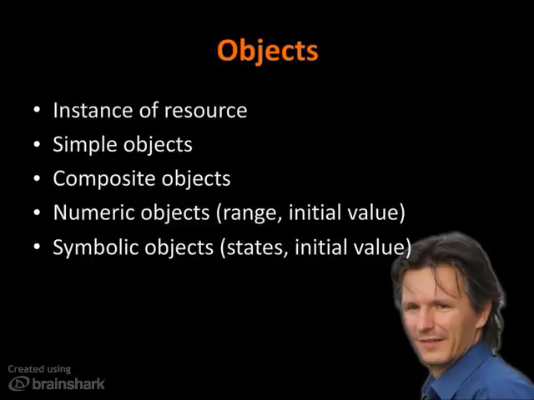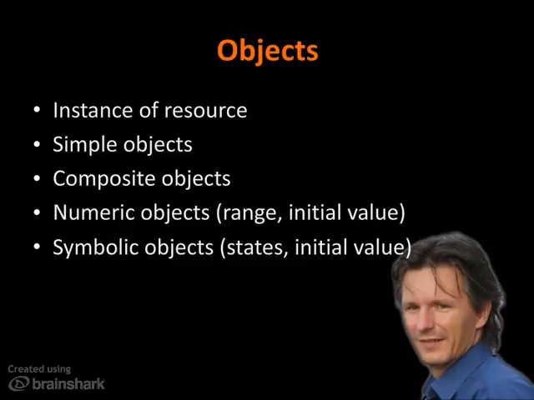Objects are like nouns, for example, characters, buildings, animals, and so on. Objects are instances of resources. They can be simple objects, specified by a single value, or composite objects, specified with several values, like different variables, different attributes, or by sub-objects.